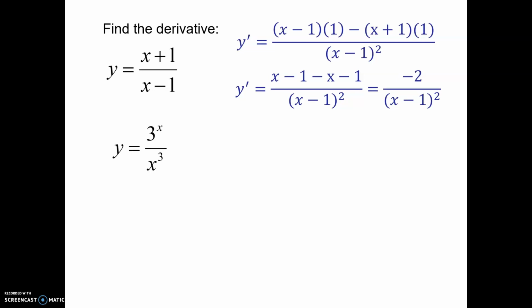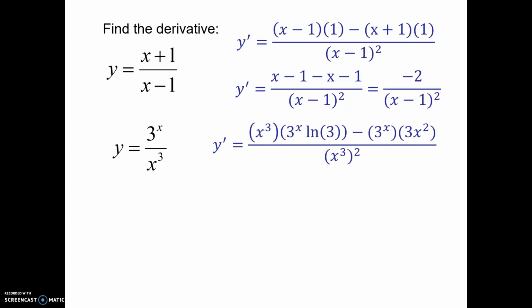Let's do another one. Again, we see low d high minus high d low over low squared. Simplifying a little bit of my numerator, I pulled out a GCF of 3 to the x and x squared.